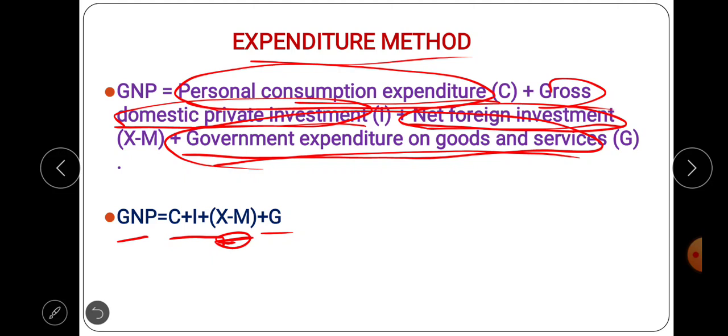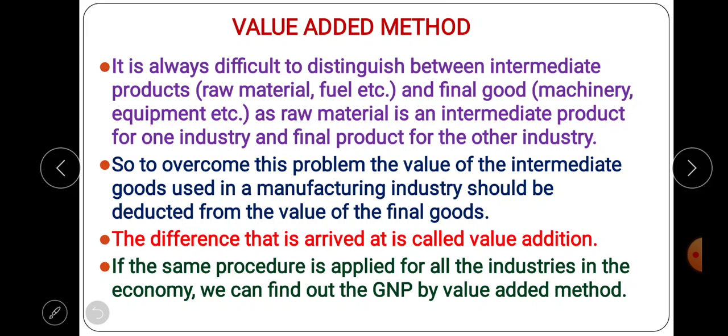Okay, then there is a third method which is called the value added method. It is always difficult to distinguish between the intermediate goods and the final goods. Intermediate goods means whatever the different raw materials or fuels which are utilized to produce final goods.